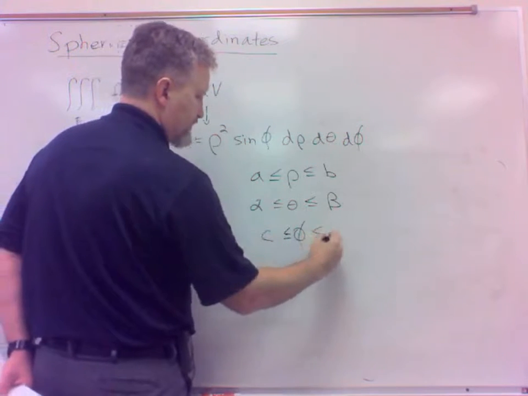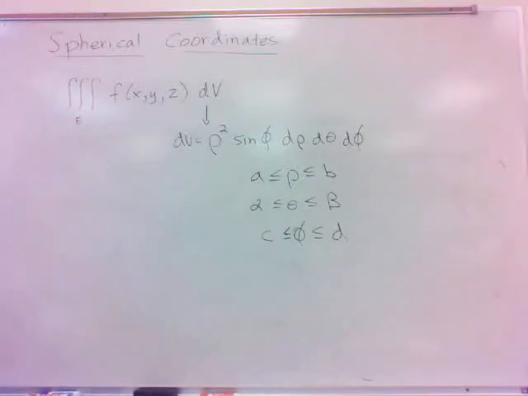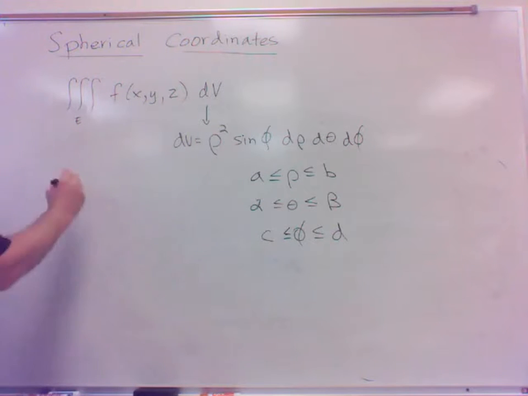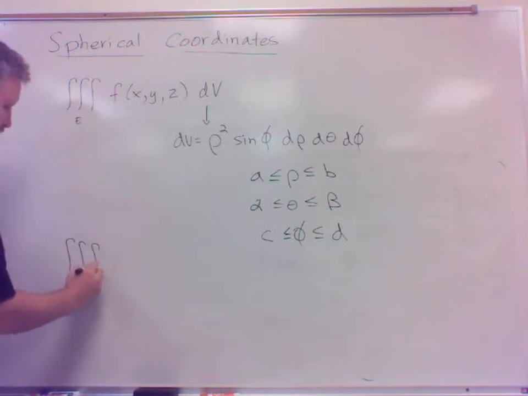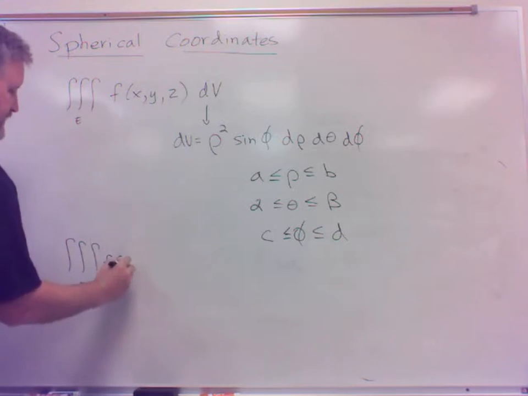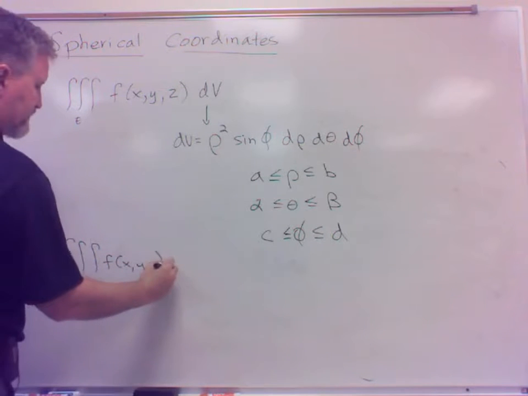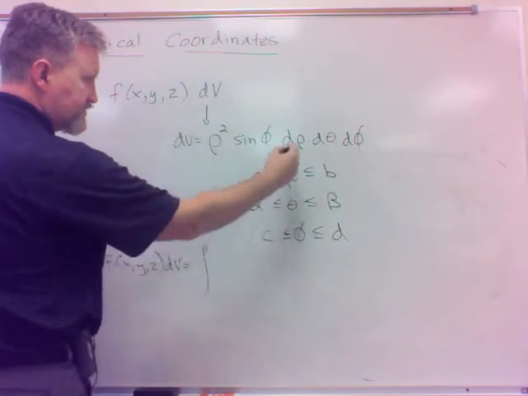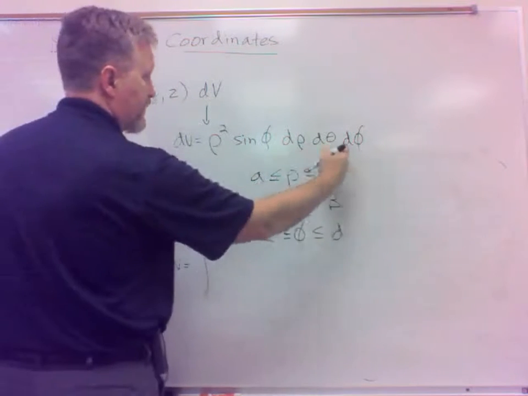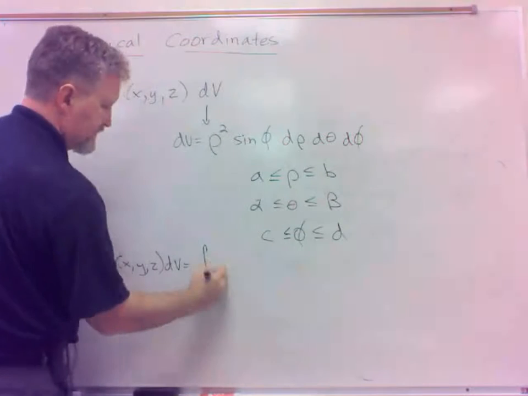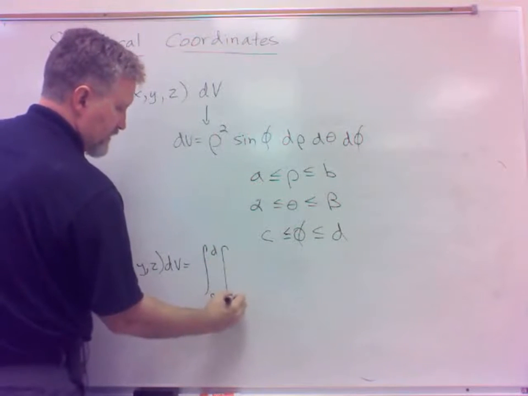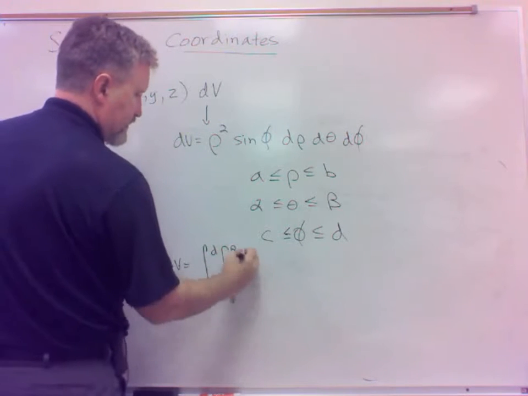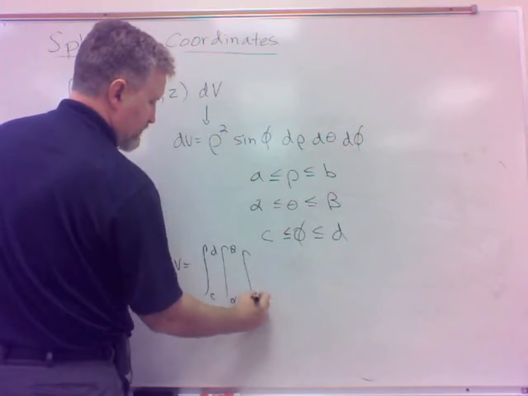I believe this book calls it C to D, gamma to delta in some places. So this triple integral over region E, f of x, y, z dV, in spherical coordinates, that's the usual order there. So phi is C to D, theta is alpha to beta, and rho is from A to B.